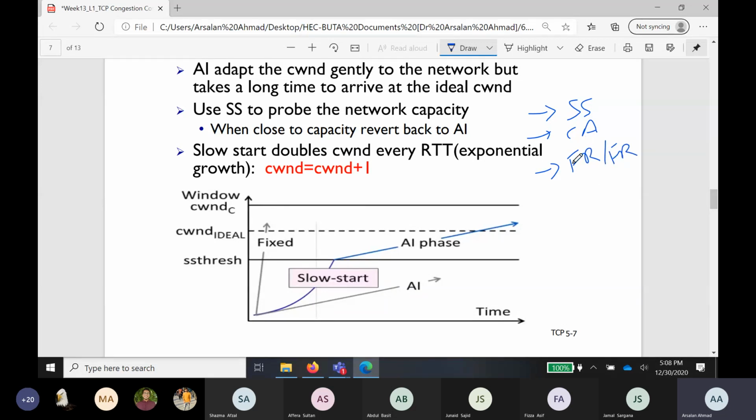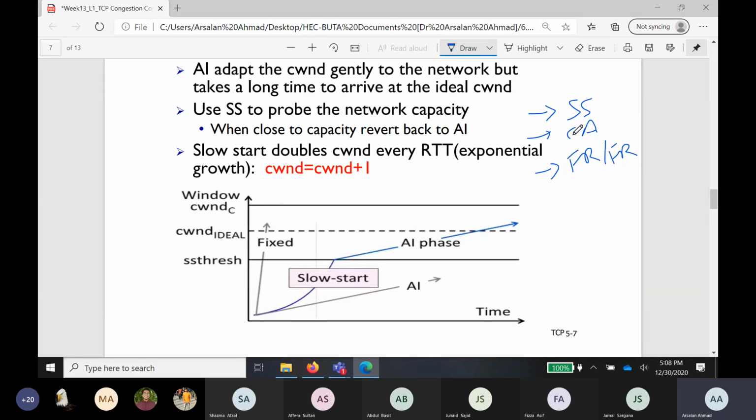Actually, these are the two real phases, slow start and congestion avoidance, but FRFR is also an important phenomenon, so we can call it a phase because in most cases it happens for a time period of 1 RTT.